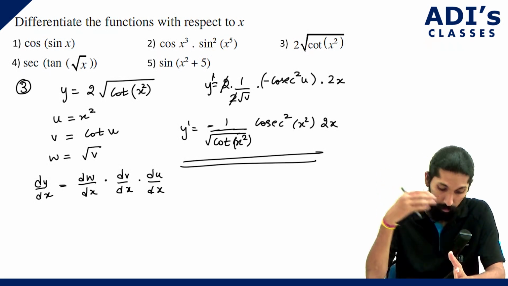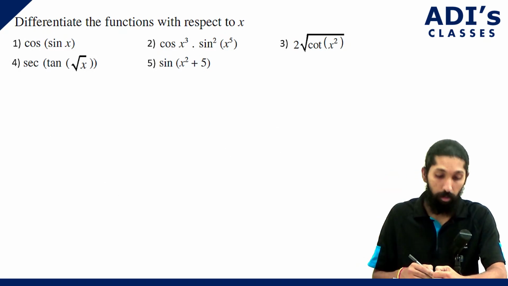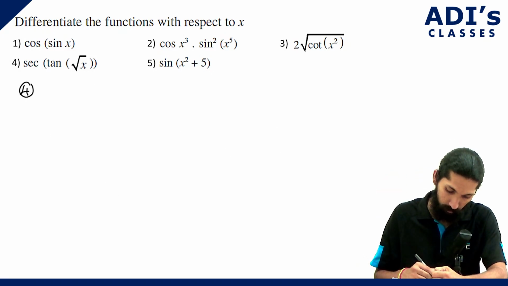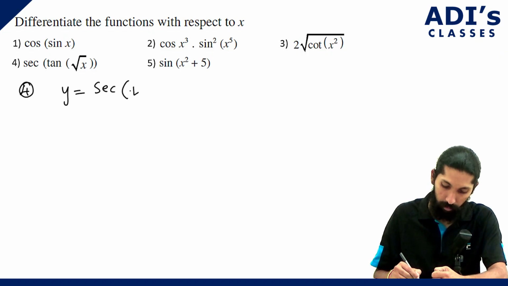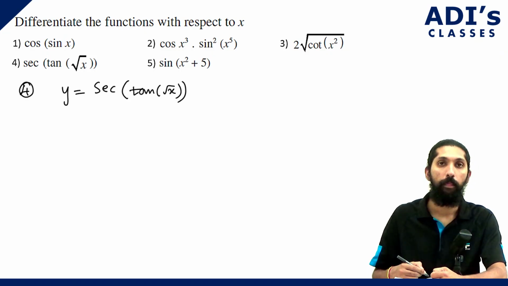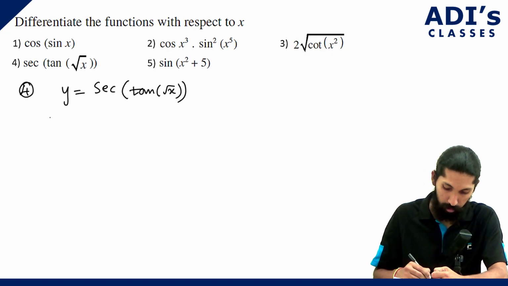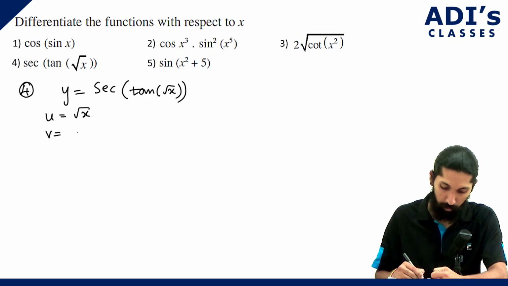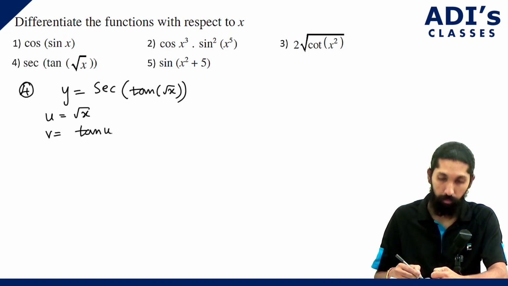All right, let's do the answer for the fourth one now. For the fourth one, y is equal to secant of tan of root x. Now the innermost, take u is equal to root x, say v is equal to tan of u.